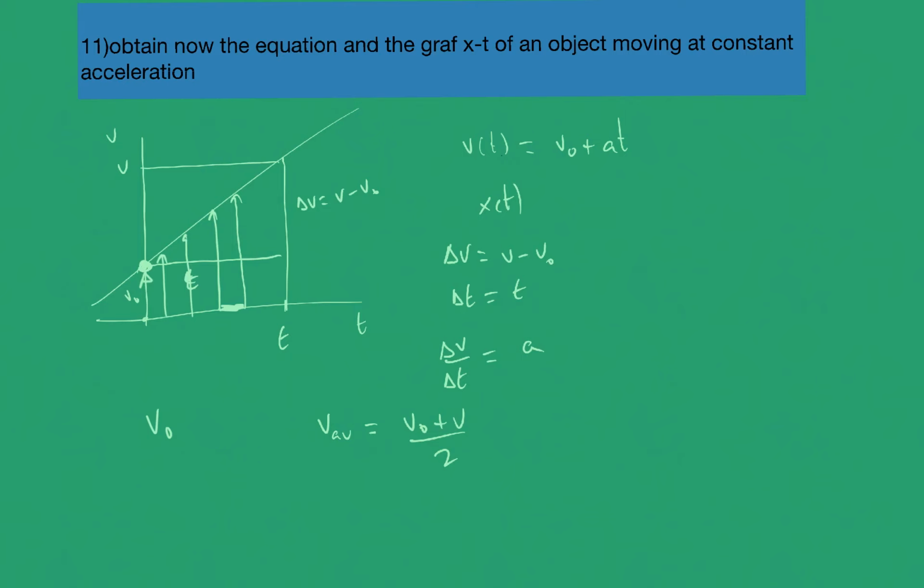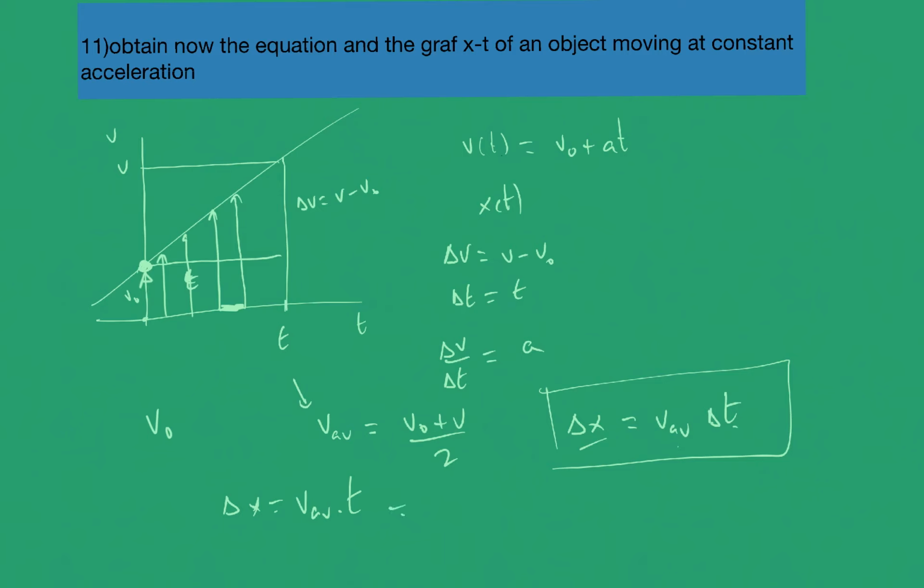So using the concept of displacement with constant velocity, we imagine that the average is the constant velocity. So we write v average times delta t, like our equation: delta x is v times t. Okay, so delta x is v average times t, which is what we saw yesterday in the previous page for a motion with constant velocity.